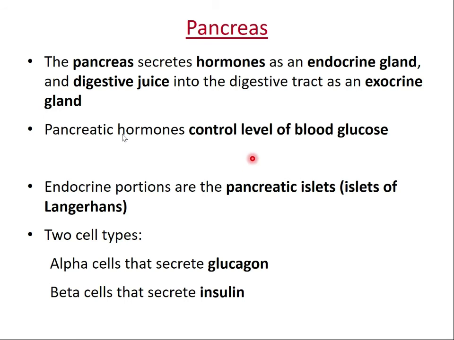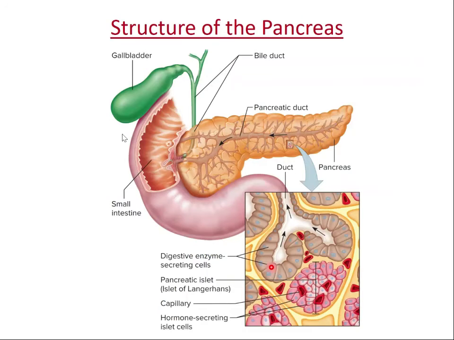The pancreatic hormones help regulate the blood glucose levels. They are produced by the pancreatic islets, also known as islets of Langerhans. They have two cell types, alpha cells and beta cells. Alpha cells produce glucagon, beta cells secrete insulin.